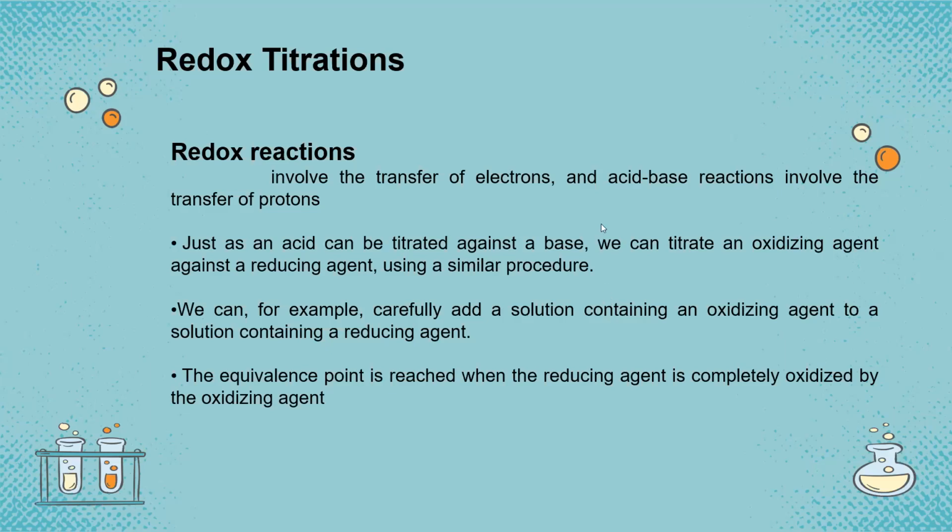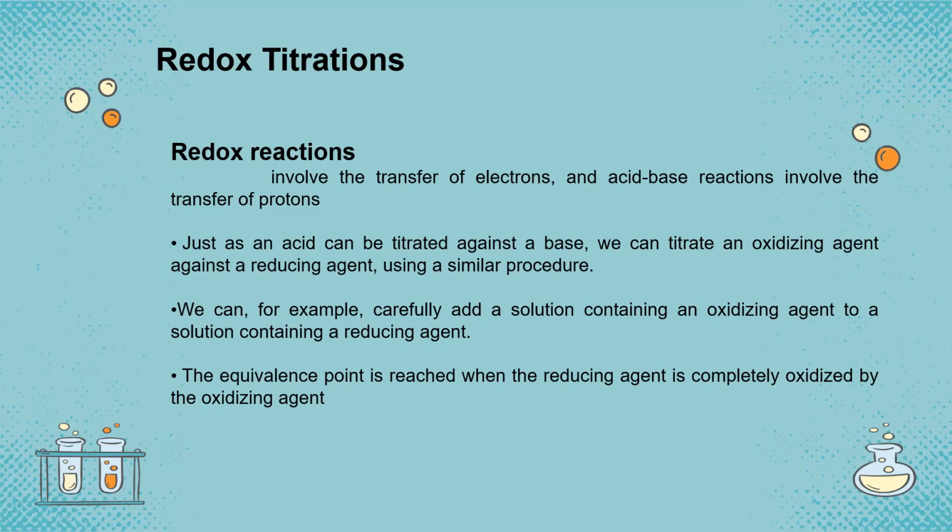Now, aside from the acid and base titration, we also do redox titrations. Di ba, pag sinabing redox reaction, you have the reduction, the oxidation, they always involve transfer of electrons. Pero kapag sa process we don't know the concentration of the reducing agent or the oxidizing agent, pwede din natin gawin yung titration, kagaya ng sa acid and base titration.